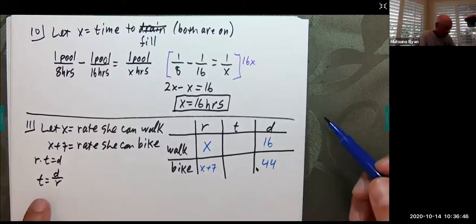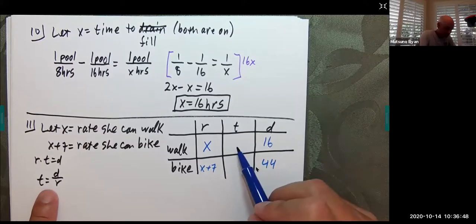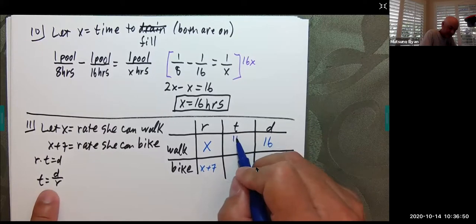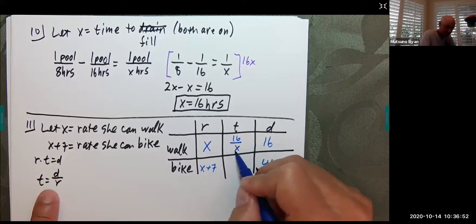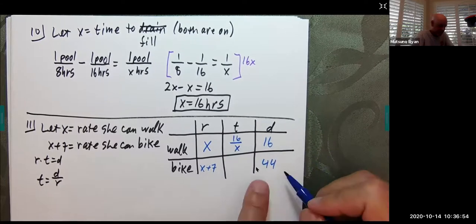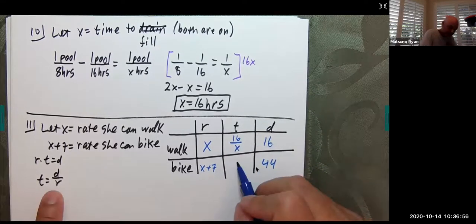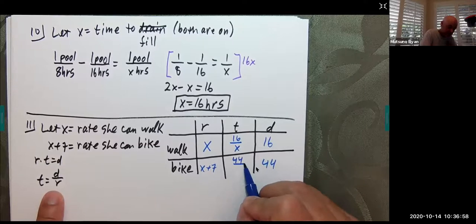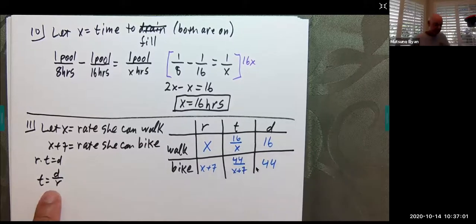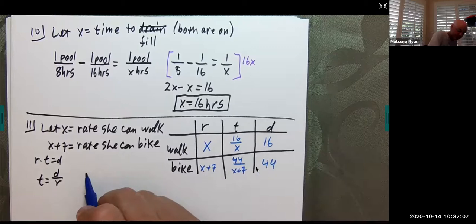Now I'm going to use my formula here. My time is going to be my distance, in this case 16, over my rate, which is x. Again, my time is going to be my distance, 44, over x plus 7. And what we just saw in the word problem is that our times are the same.